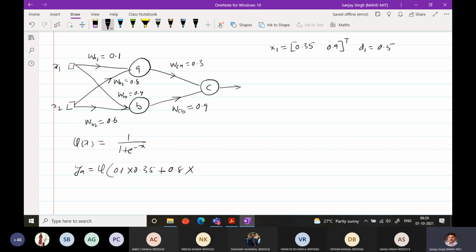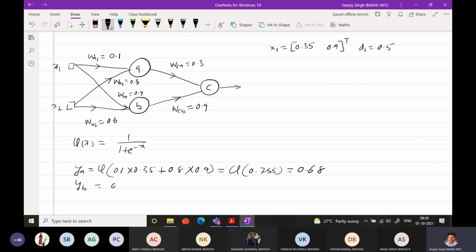Within phi it comes out to be 0.755 or so, and when you substitute for x here, you get the value 0.68. Likewise, you have to get the value of YB.